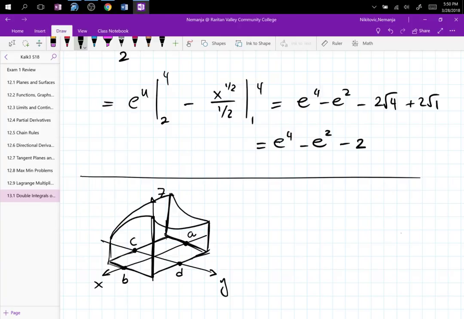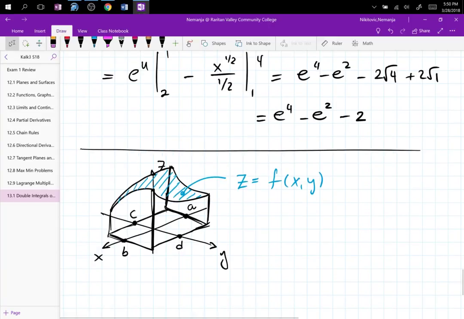So I'm going to actually shade that top, and that surface there is your z equals f of xy. Now you know that that can contain sines, cosines, e's, ln's, polynomials, whatever, right? But it's important that every face, every side is a straight wall, and then you have the rectangular domain.